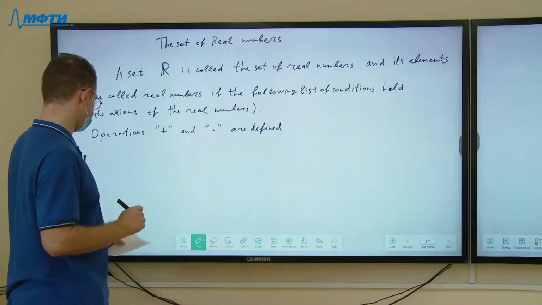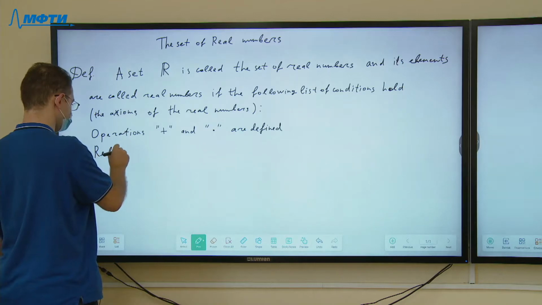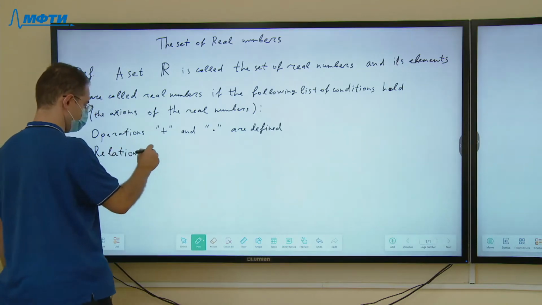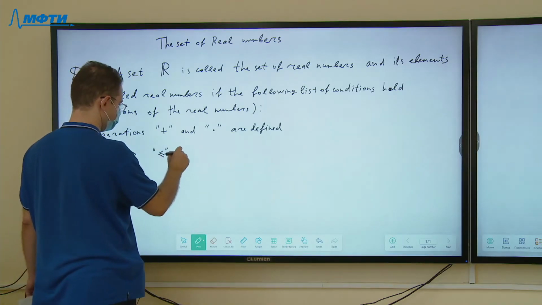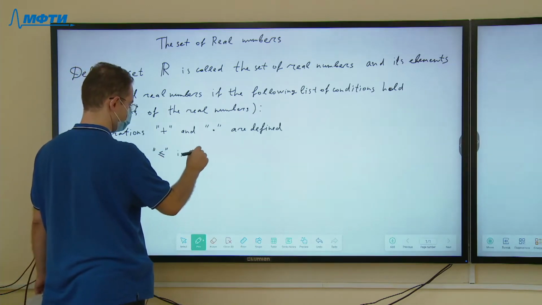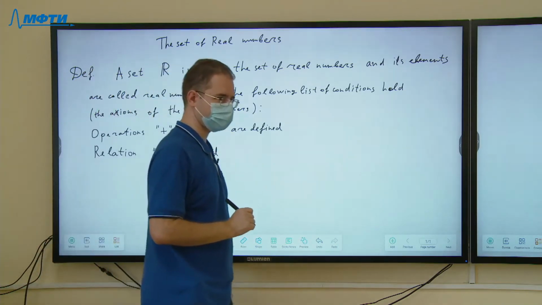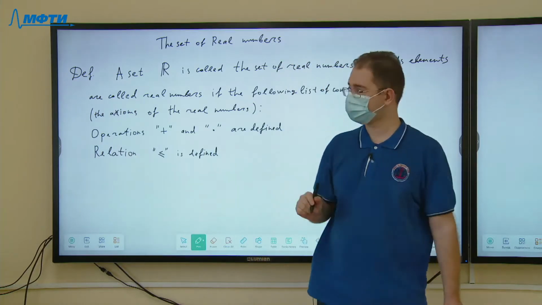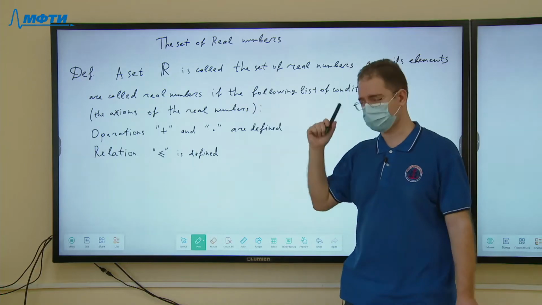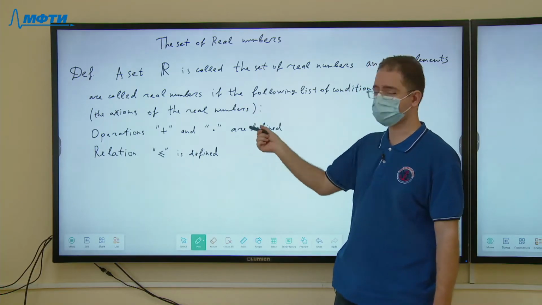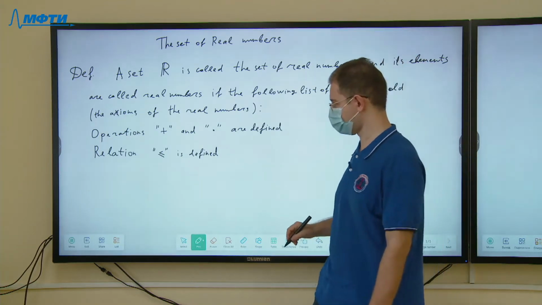And also the relation less or equal is defined. And this set of elements and those operations satisfy the next 16 axioms.